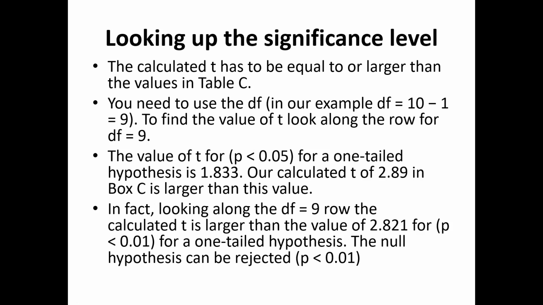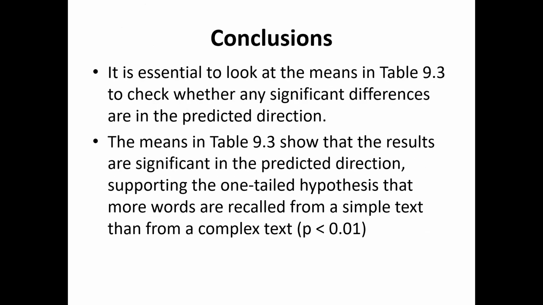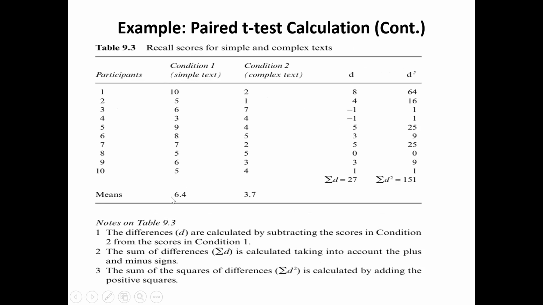So that's our conclusion, which means that there is a significant difference in the mean scores. If we go back to the means, you will see that 6.4 is significantly different from 3.7.